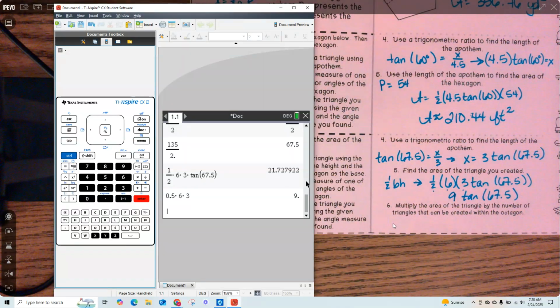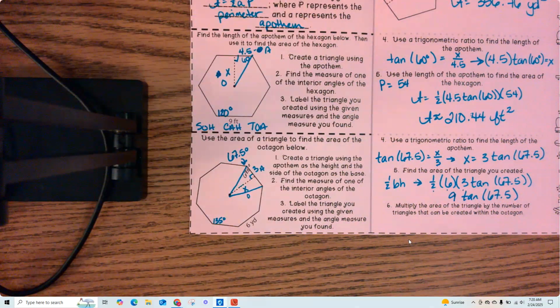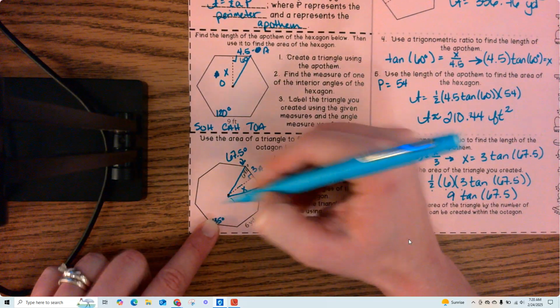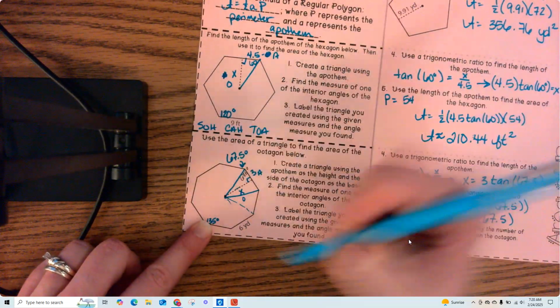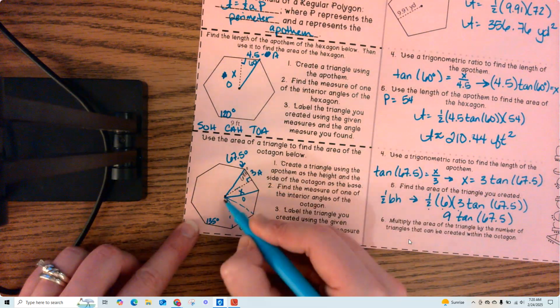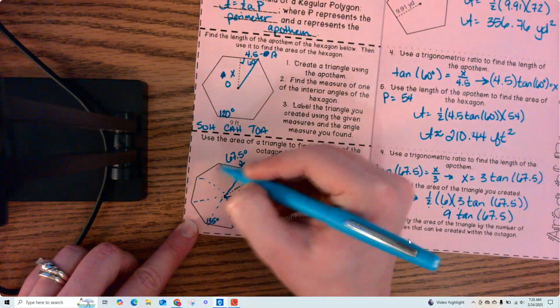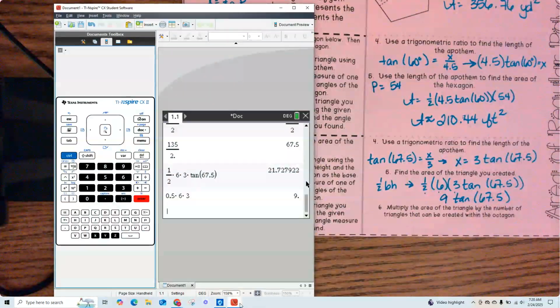Then it says multiply the area of the triangle by the number of triangles that can be created within the octagon. So I can make one, I can make another triangle here, 2, 3, 4, 5, 6, and then 7 and 8. I can multiply this area by 8.